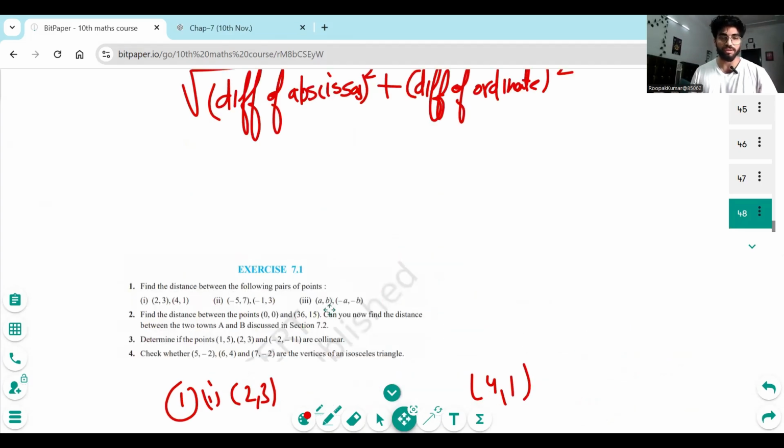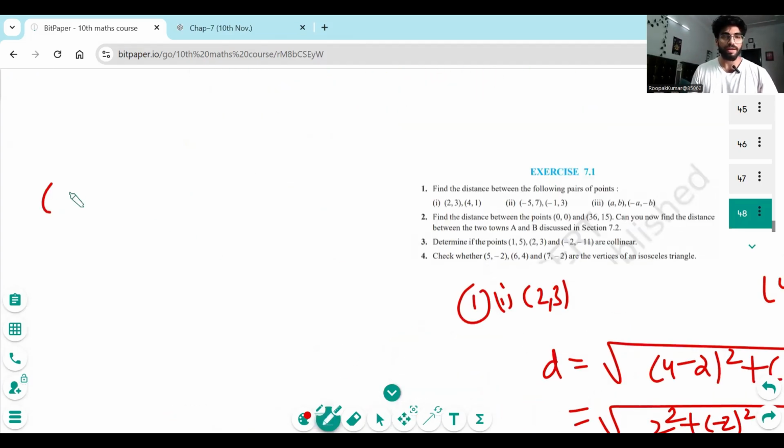In a similar fashion, we can do the second part. Let's say minus 5, comma 7 and minus 1, comma 3.